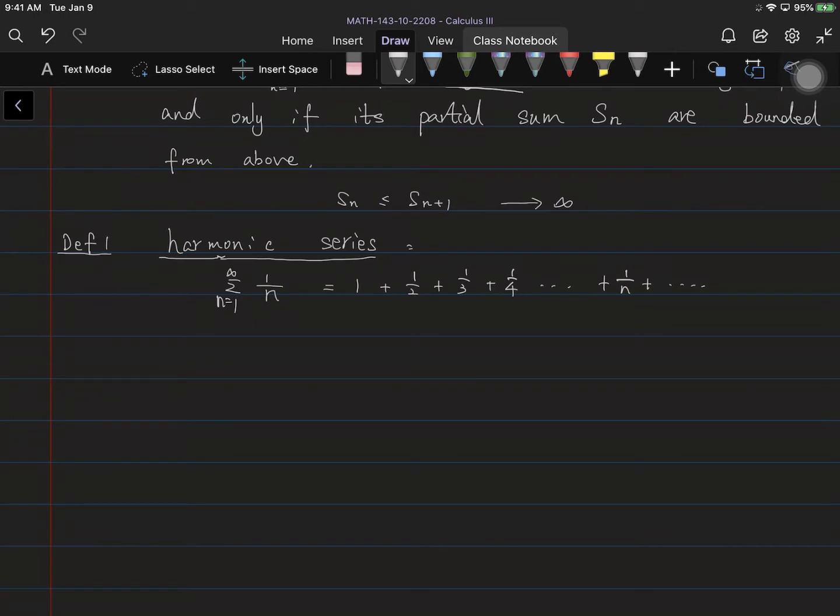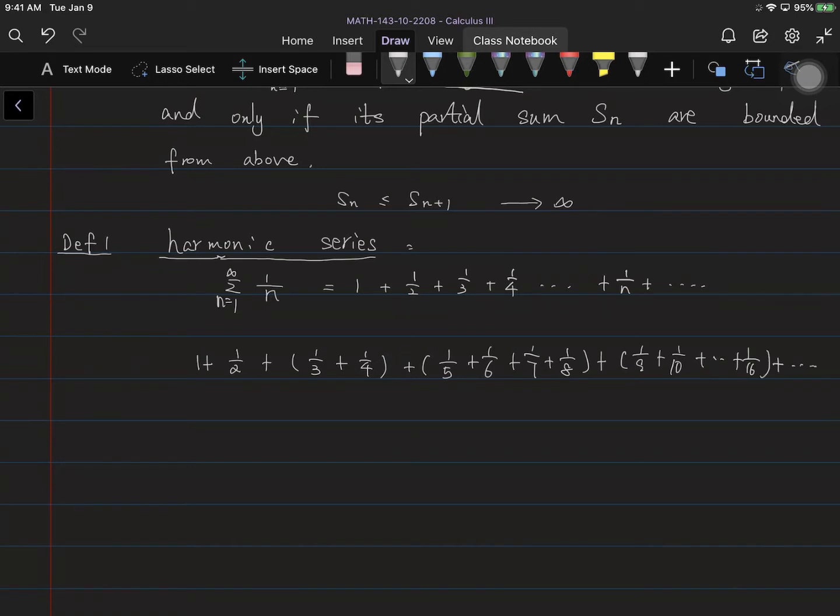We are going to find the partial sum. We are going to combine these terms together: 1/3, 1/4.